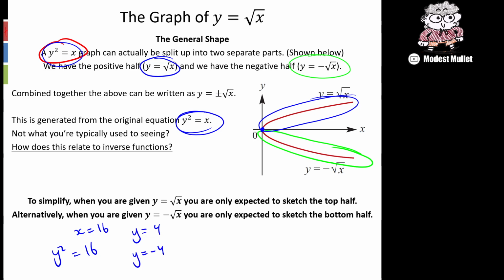There's a positive and negative solution, so that if we were using inverse operations to solve y squared equals 16, we would take the square root of both sides, and when you take the square root of both sides, you must put a plus or minus in front of it, because there are two solutions. So we end up with, because the square and the square root cancel, y equals plus or minus 4.